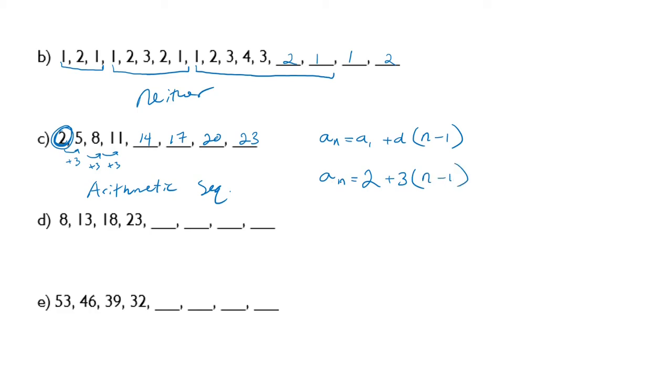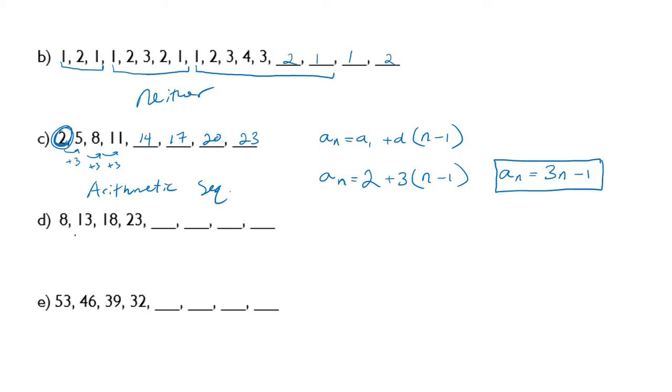Here we want to leave it as just n, because this formula can be used to calculate any position. And of course, we could simplify this further. You can distribute the 3, and this simplifies to a sub n equals 3n minus 1. So this is the formula to calculate any position of the sequence.